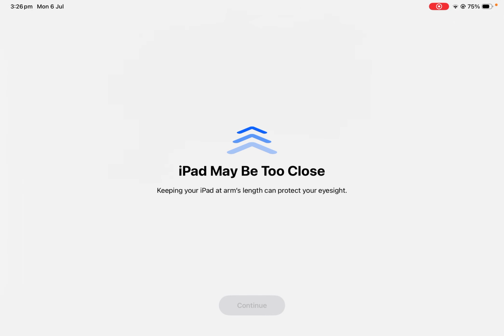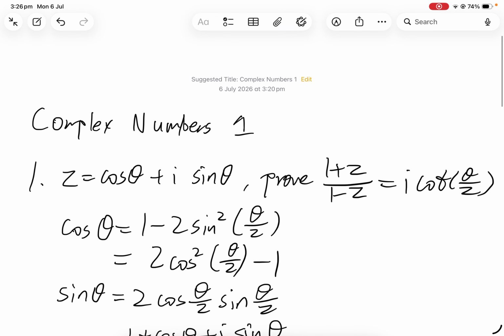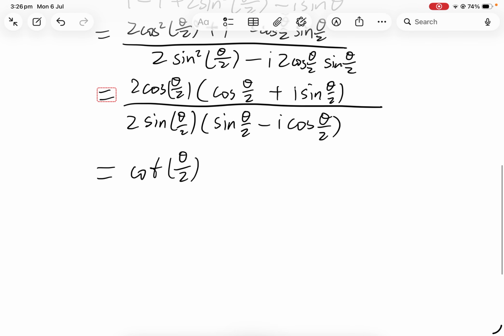So we get half the answer ready, cot theta over 2. Now we have to make this into just an i. That's weird because the i is at the bottom. Because we know that negative i squared is 1, we can do something to make that work.